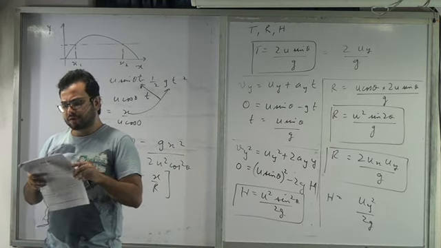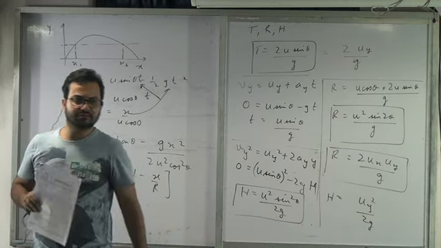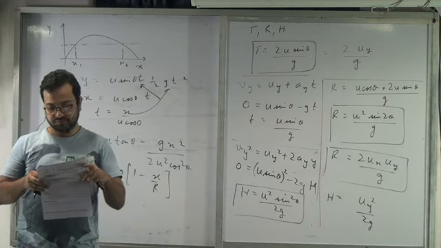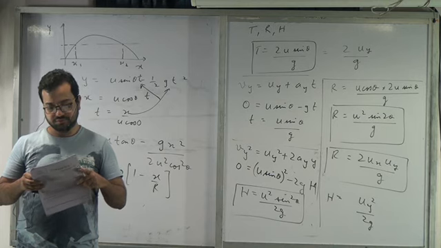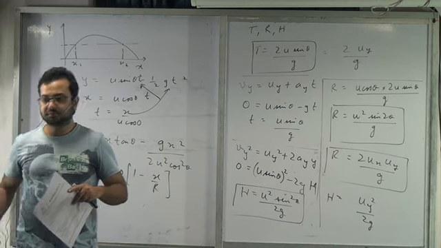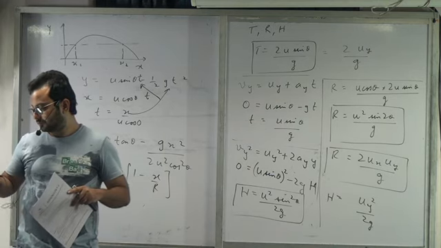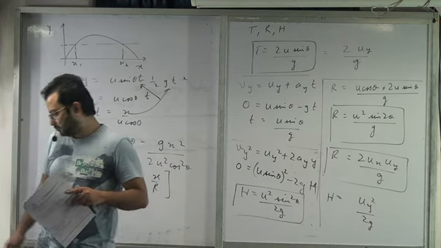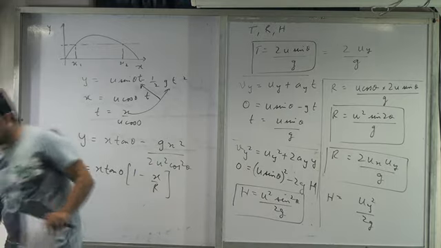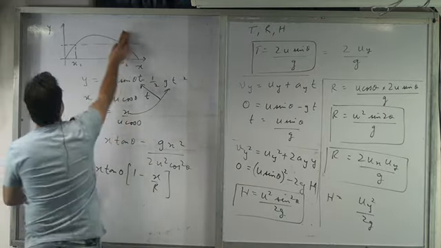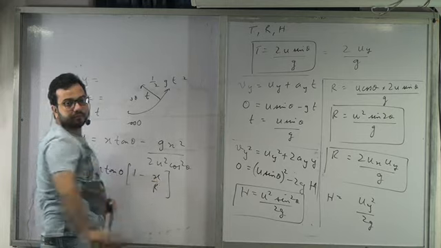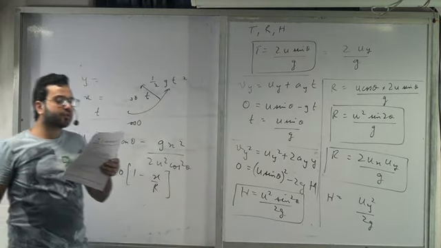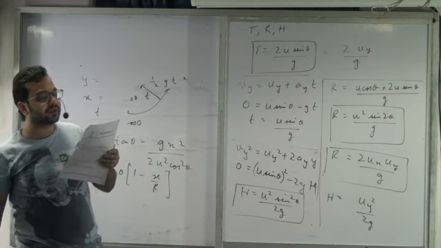Now go to question number 2. A projectile is thrown with a velocity of 20 meters per second at 60 degree.